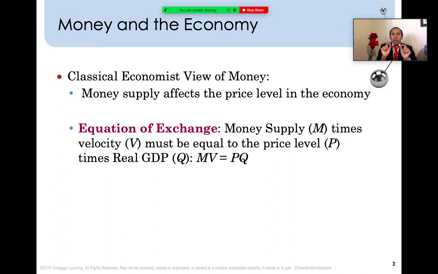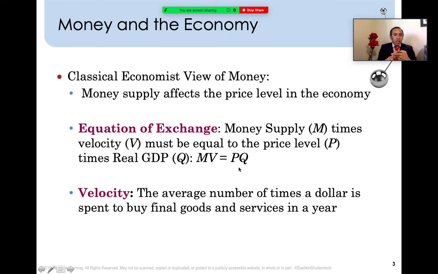For short, money supply times velocity is equivalent to the price level and the level of output in the market. Now, the classical perspective considers that the money supply and the price level are directly related.